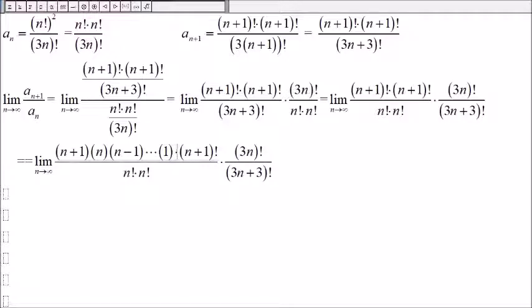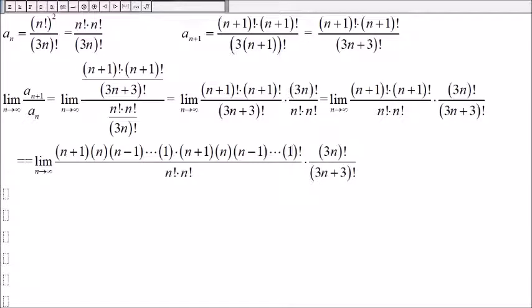And then same thing here, this is the same as n, and then n plus 1, and then times n, and times n minus 1, and then all the way down to 1. And then this is n factorial, so that's going to be n minus 1, and then n minus 2, and then all the way down to 1.